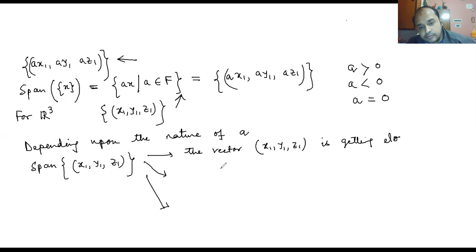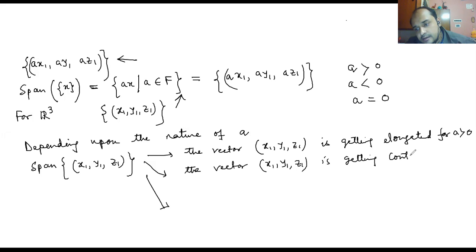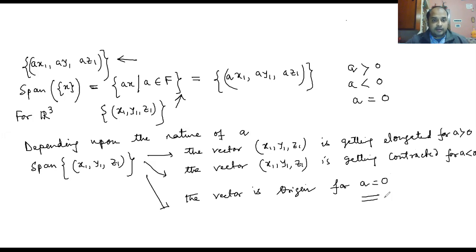The vector x1, y1, z1 is getting contracted for a less than 0. The vector represents the origin for a equal to 0. So this is the geometrical interpretation of the problem which I have done just now.